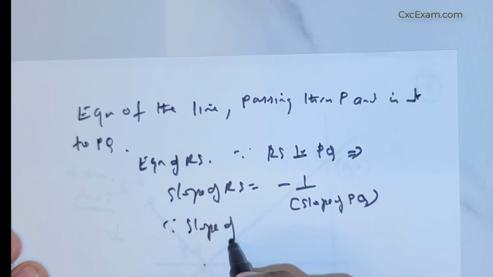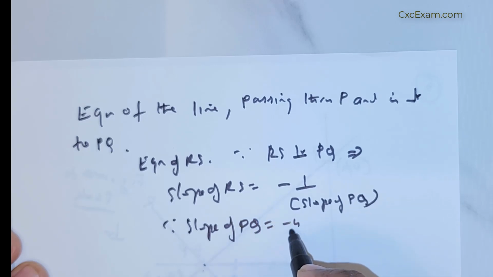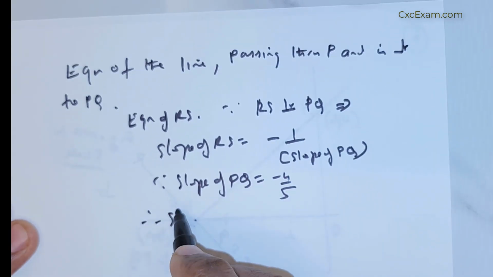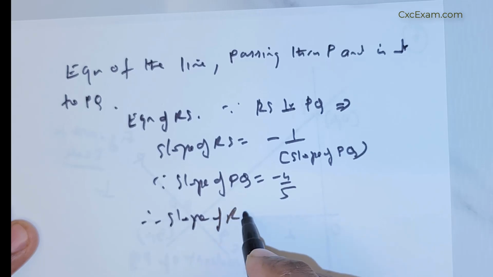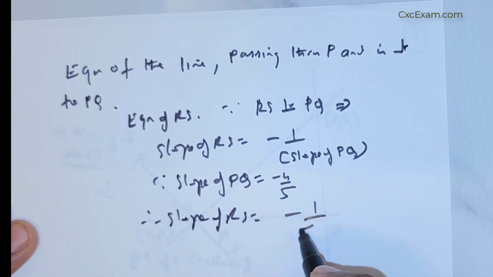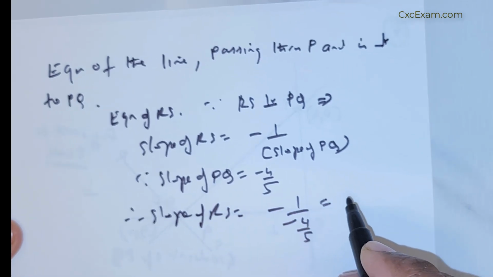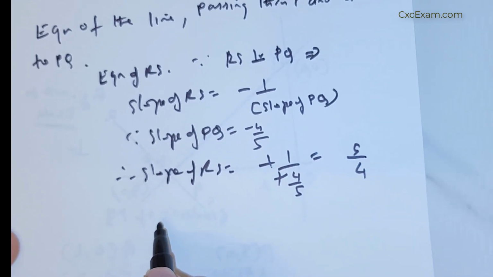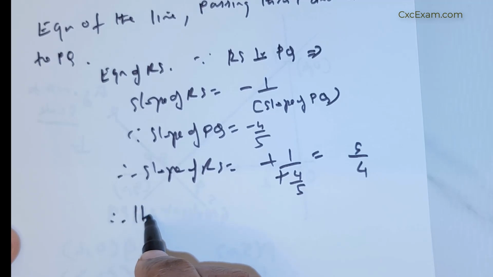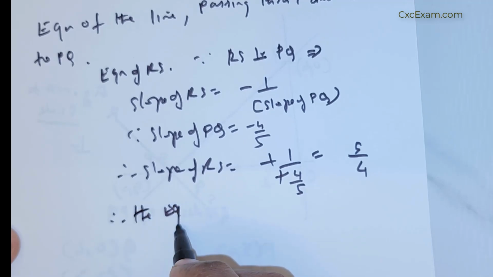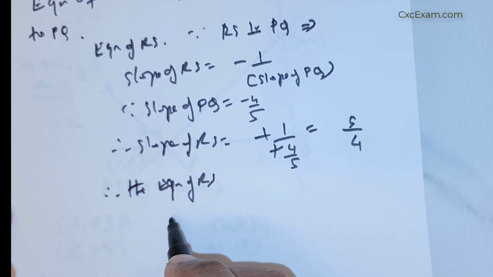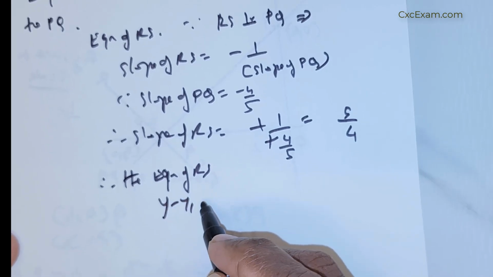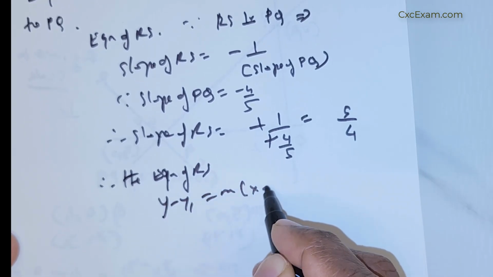Now the slope of PQ is negative 4 over 5. Therefore the slope of RS is negative 1 over negative 4 over 5. Negative negative gets cancelled, giving us 5 over 4. So therefore the equation of RS is of the form y minus y1 is equal to m times x minus x1.